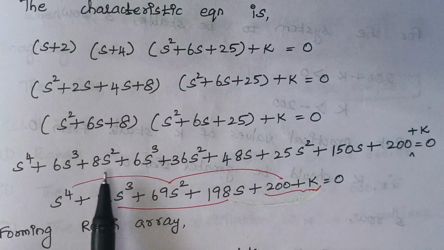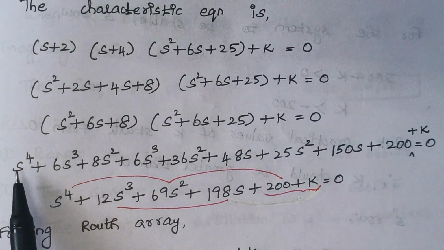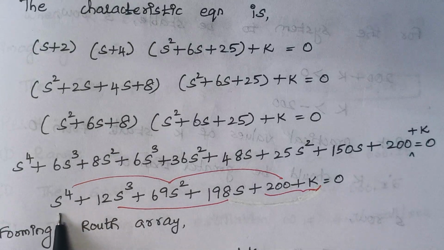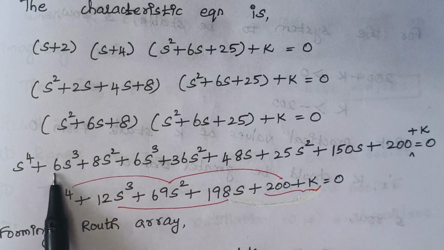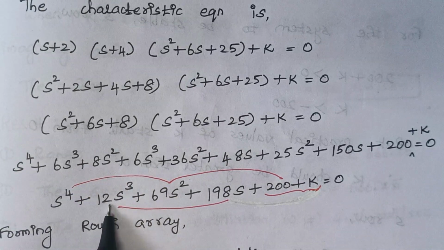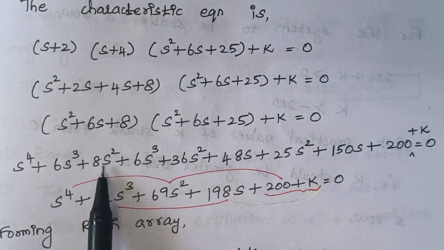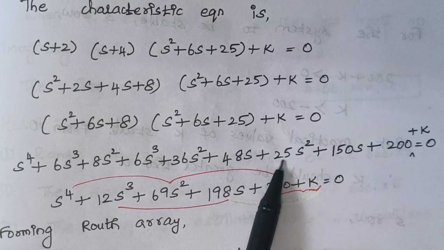Finally I am again simplifying this expression. There is only one s to the power 4 term here, so I am writing that one. The next thing is we combine the s cube terms. Here 6s cube and here 6s cube, so when you add, we get 12s cube. And the next thing is s square. Here 8s square, 36s square and 25s square.